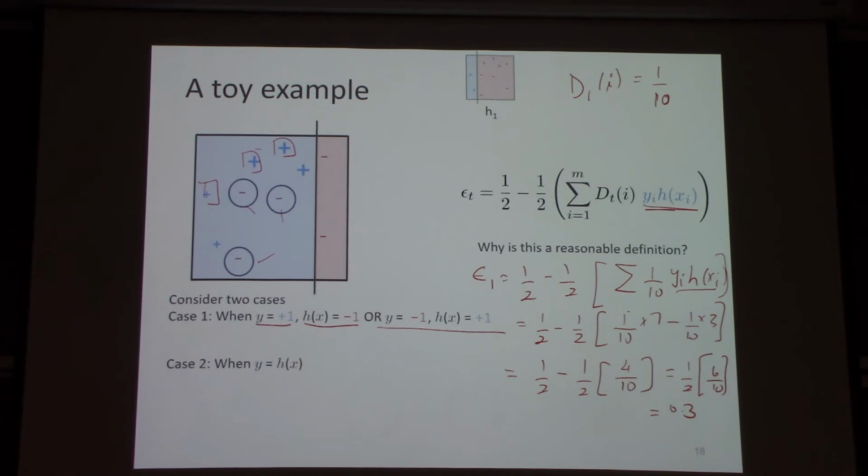If all examples were not equally important, this just changes, and examples that are more important get weighted more. Okay? So this is the error at time step 1. On the other hand, you should go home and try out what happens when dt of i is not equal, when some i's have more importance than the others. What will happen is that the error will be dominated by whether the classifier got those examples right or not.